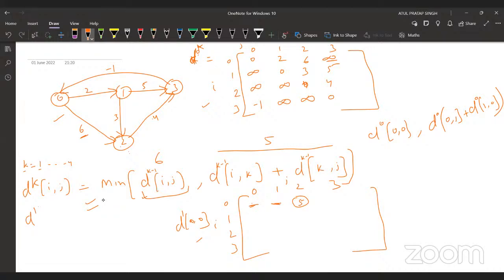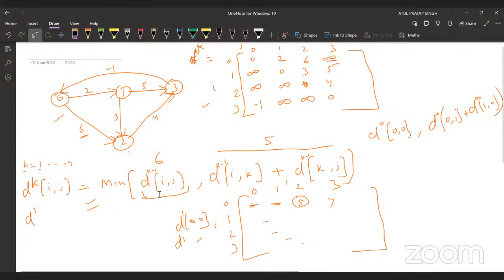The previous was infinite, now we are getting 7. Okay, so for each combination, we will check whether there is any direct path available, or whether there is a path available through vertex 1. So we will calculate all the cell values for this matrix D1.